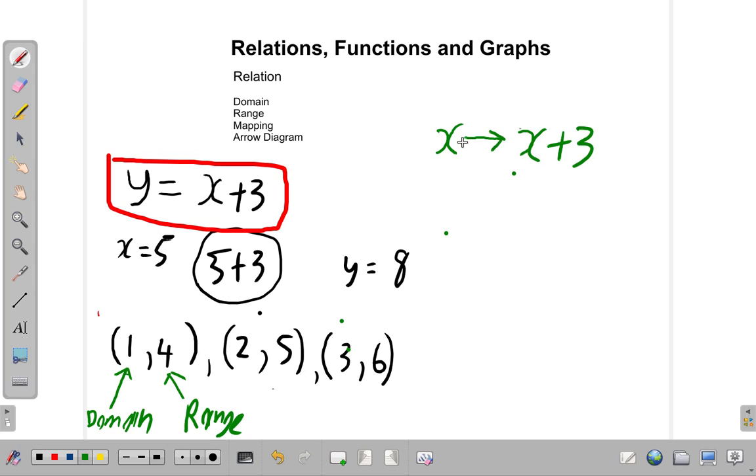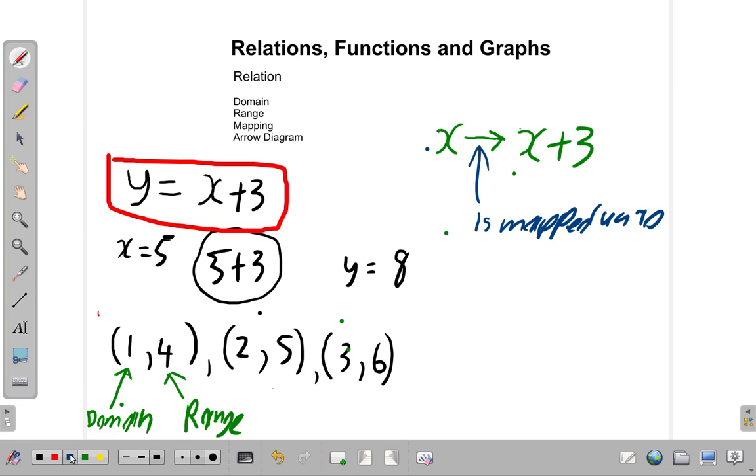What you're saying here is x is mapped onto x plus 3. Alright? So this little arrow here means is mapped onto x plus 3.